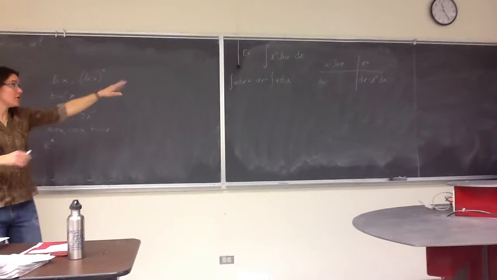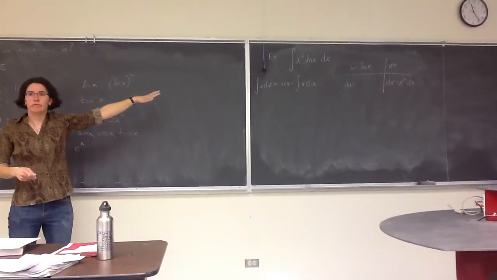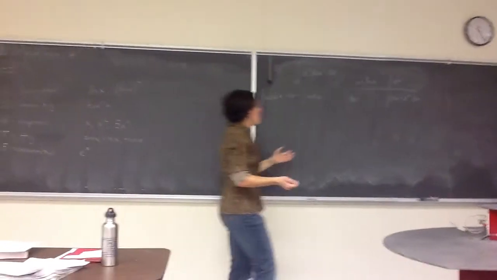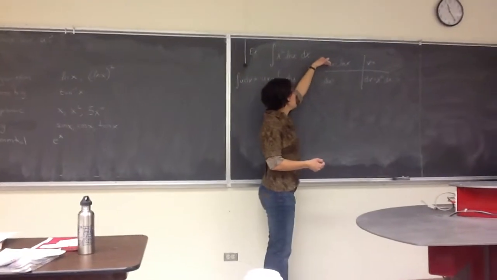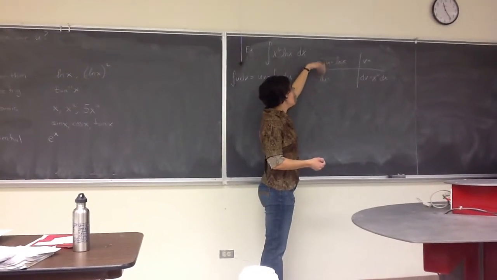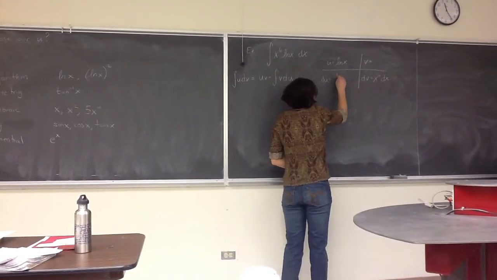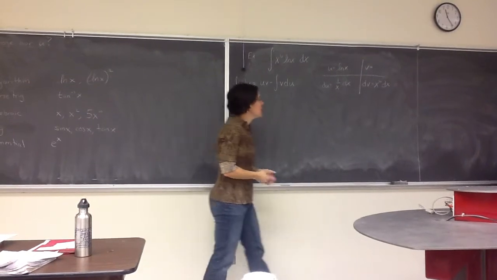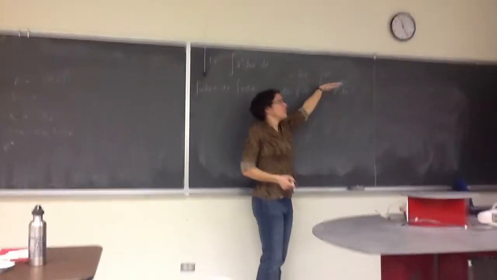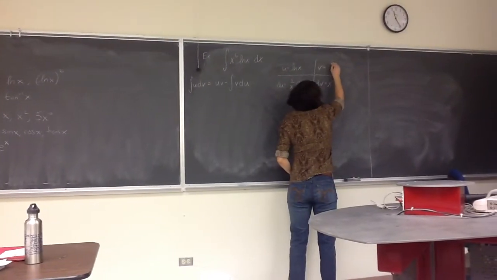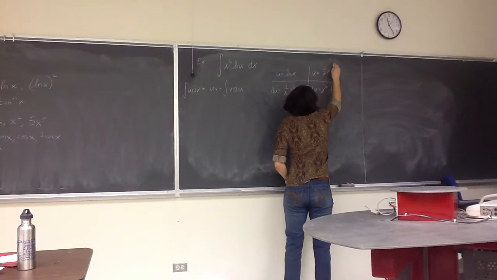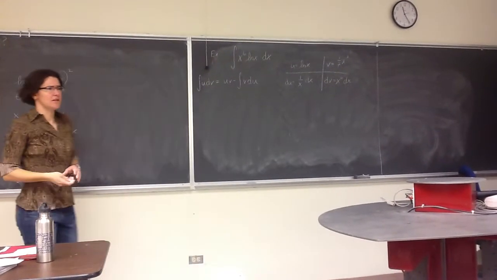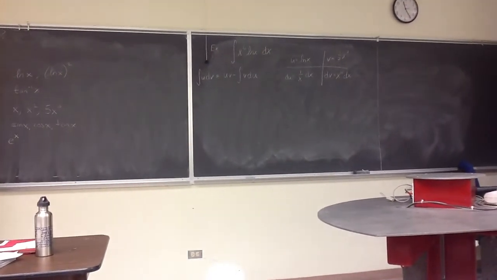All right, are there any questions about what we set up here? Okay, so now I'm going to work over here on the side. The derivative of u is du, the derivative of natural log of x would be 1 over x dx. And my antiderivative, well, I'm going to add 1 to the power and divide by that new power, so I have 1/7 x to the 7th plus c, but it's an intermediate step, so I'll wait until the end to put the plus c on.